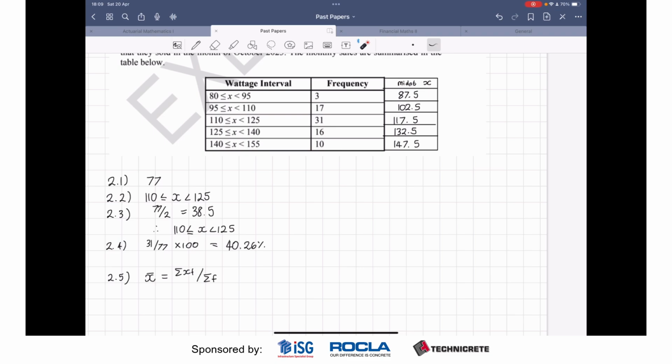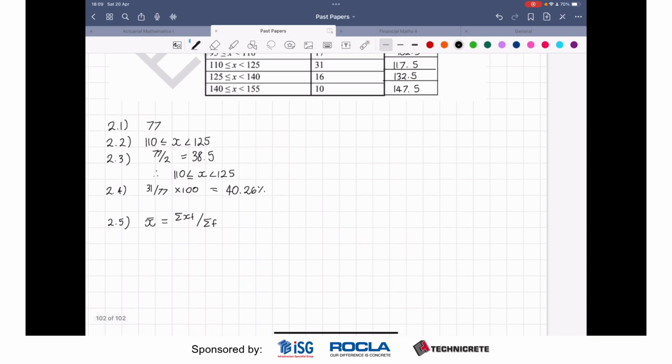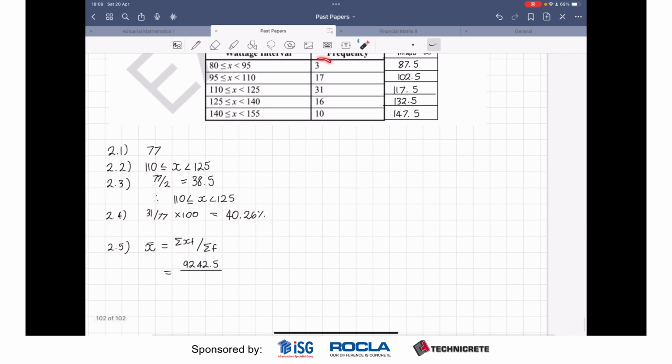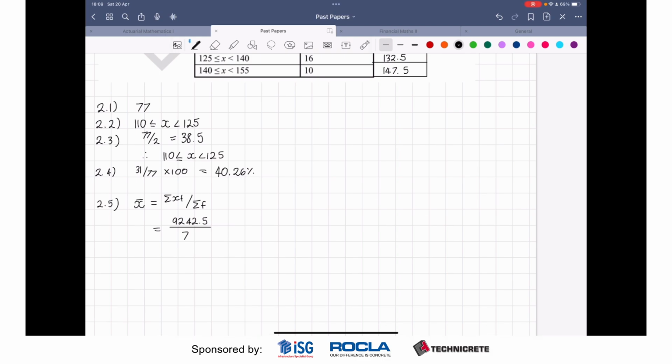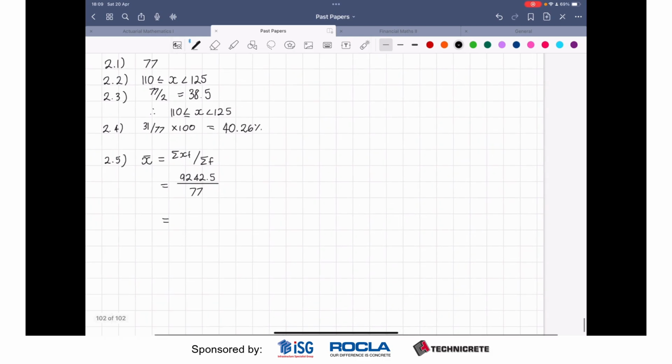So when I add up all of those, I get 9,242.5, and the sum of the frequencies, again, is just 77. And this is equal to 120.03.